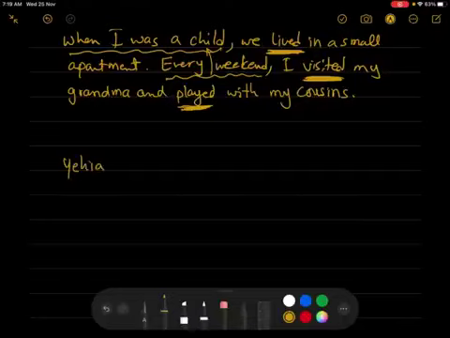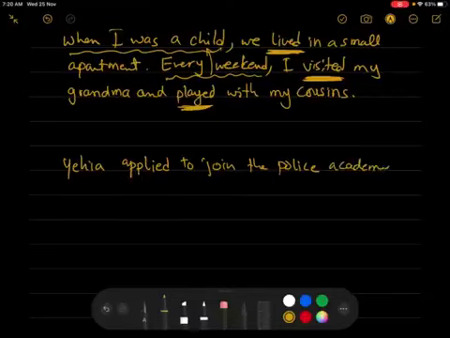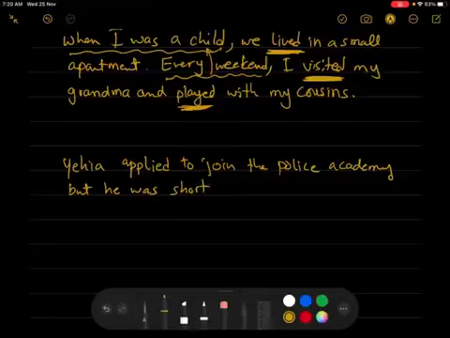For example, Yahya applied to join the police academy, but he was short.